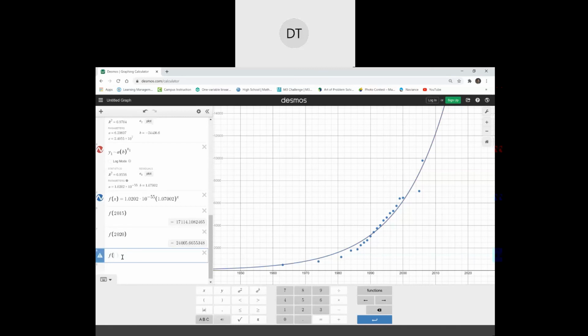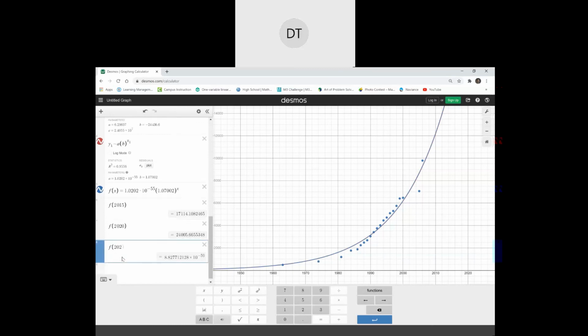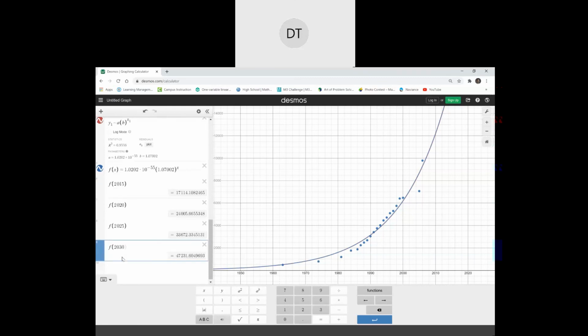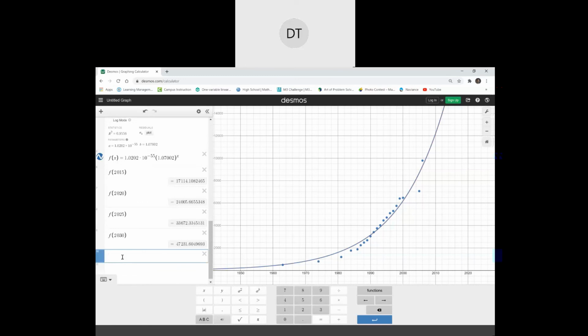F of 2025 is the next one we're being asked to find. And based on this model, it should be around 33,672 nesting pairs in the lower 48 states. Next we want to know about is 2030. So in 2030, we should be roughly 47,231.